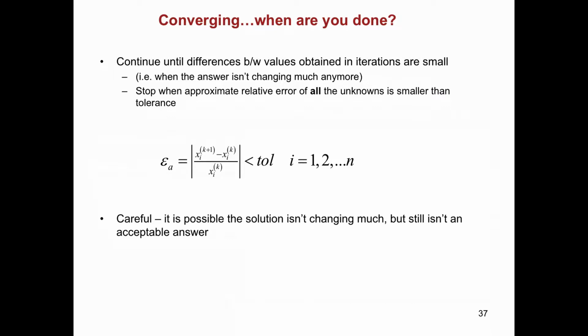So again, either the relative error in the difference between the 2 coordinate values is small enough for all of the coordinate values in a vector, or I actually take the norm between 2 vectors and divide it by the norm of my latest iteration. Is that small enough? Okay.